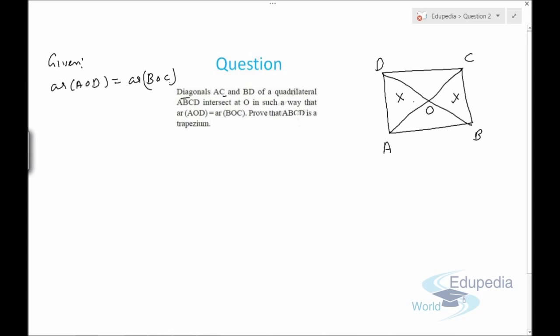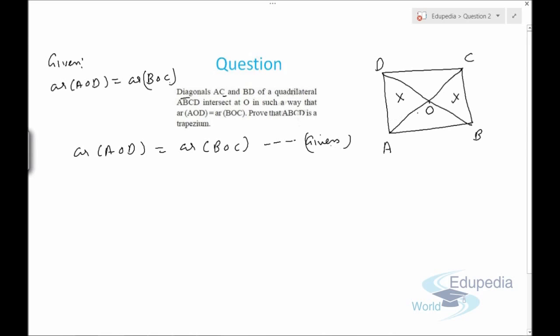So let's see how we can prove this. Since these two areas are equal, given, area of AOD equals area of BOC.